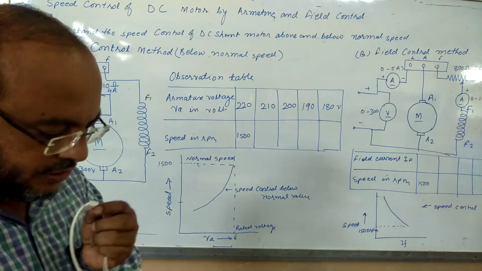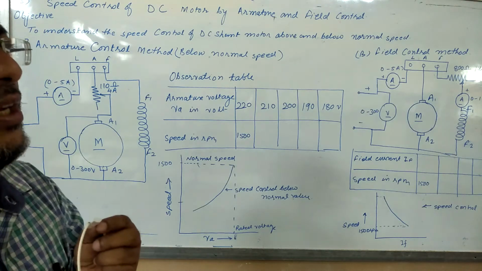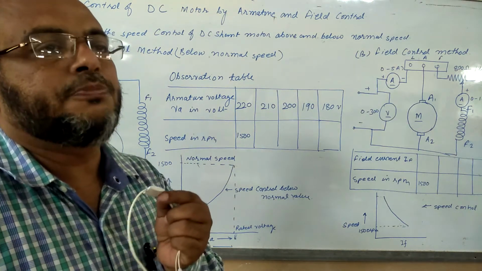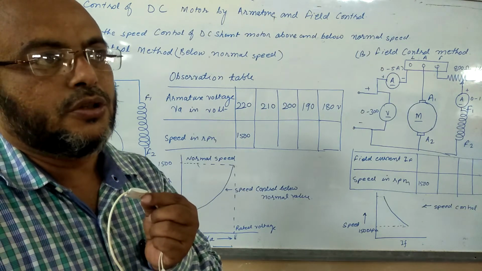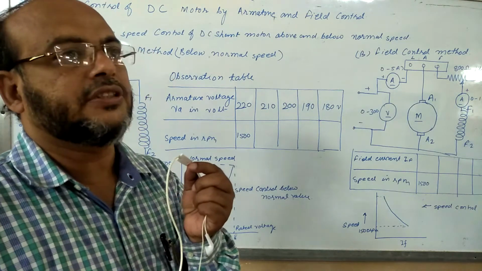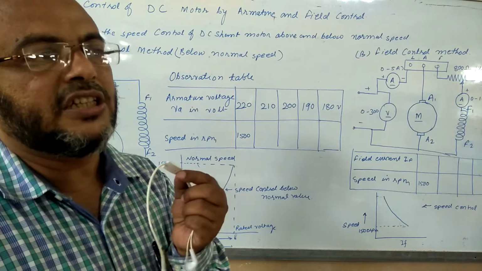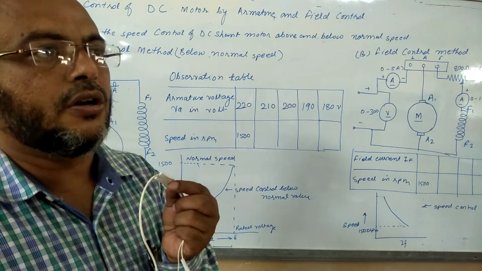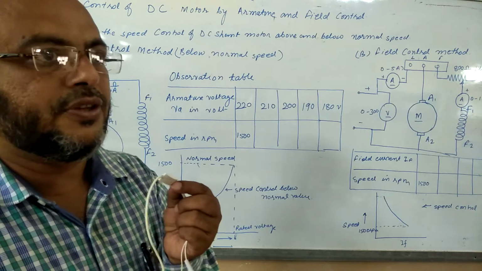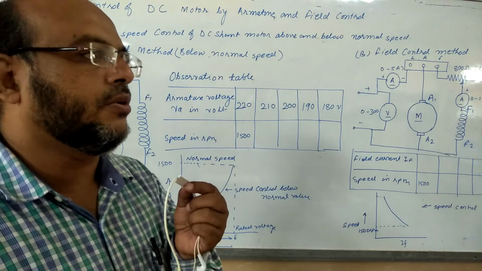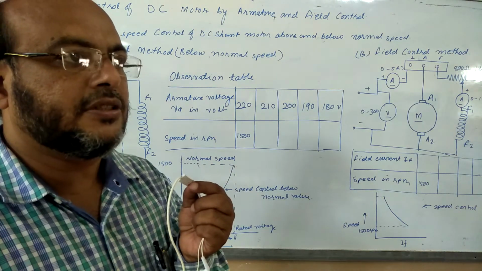Now the DC shunt motor is widely used in the industry, and it is still accepted because of its speed controllability. In a conventional three-phase induction motor, we cannot change the speed over a wide range. We have to use a number of gears or belt drives. But the DC shunt motor speed can be controlled very easily and very simply.